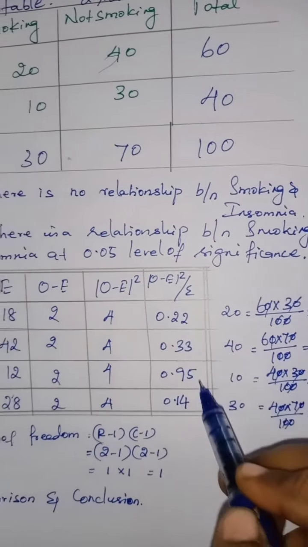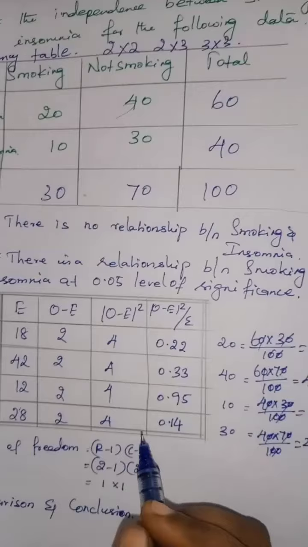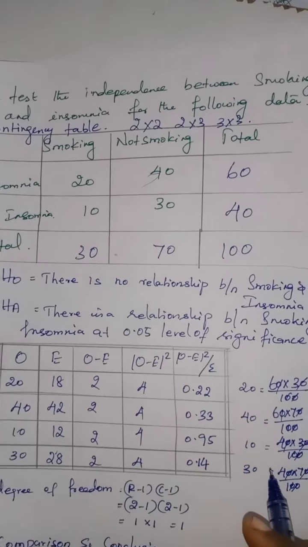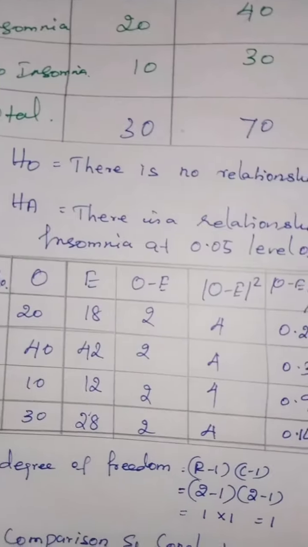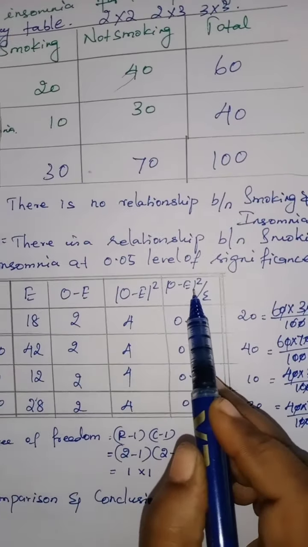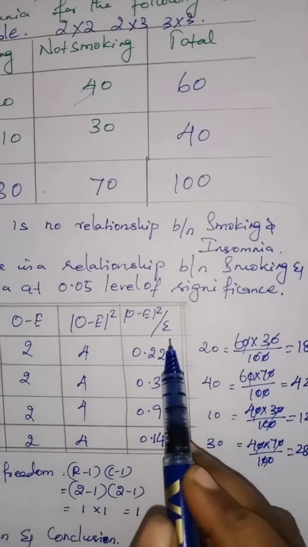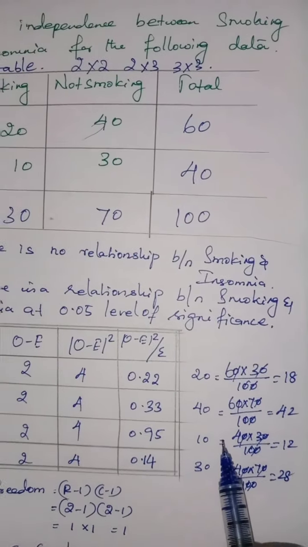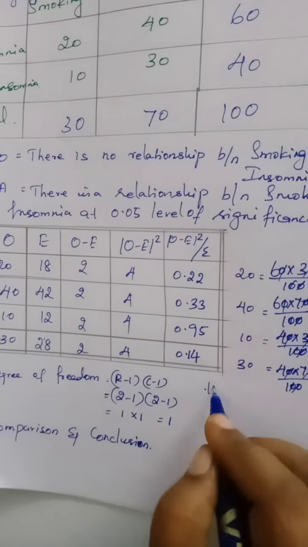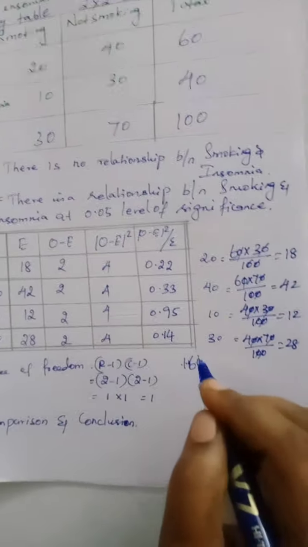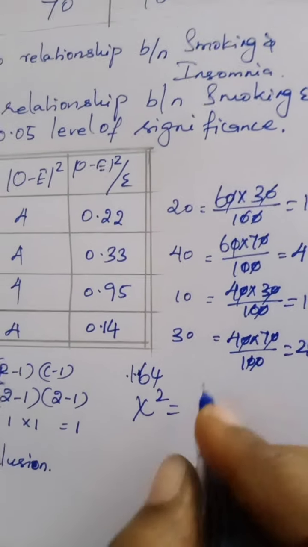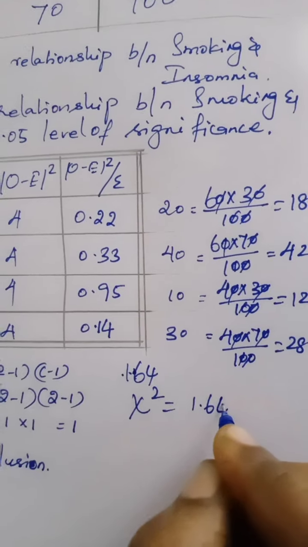Looking at the formula, chi-square is equal to the summation of observed value minus expected value whole square divided by the expected value. When we add these, we get 1.64. So the calculated chi-square value is 1.64.